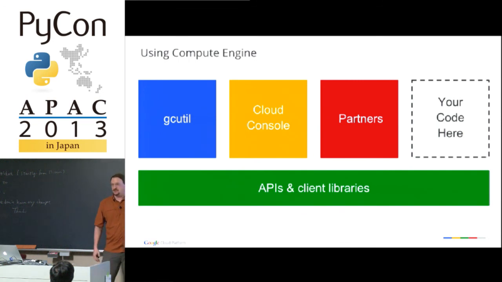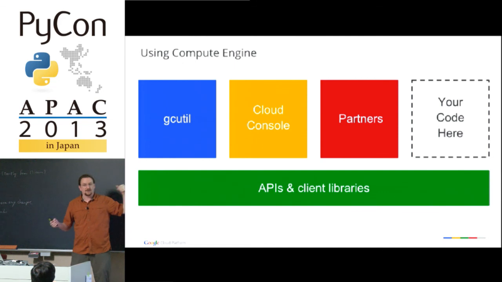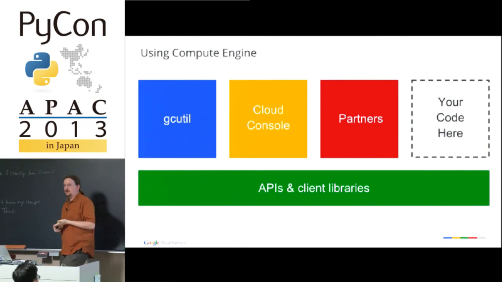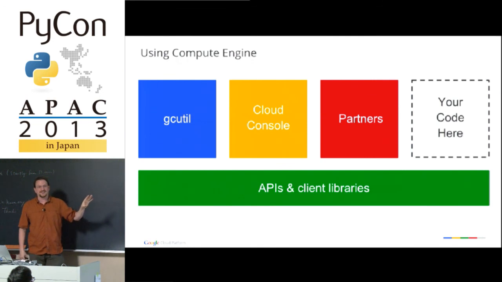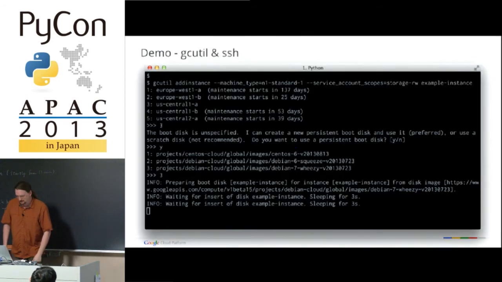I'm going to show you a command line tool in a moment called gcutil. That uses the API. The Cloud Console that I showed a moment ago, and I'll show more, also uses the API. We have partners that help with auto-scaling and other things like that, they use the API. And your software can control Compute Engine directly, either from inside Compute Engine or from App Engine or from anywhere on the internet where you have the right security credentials.